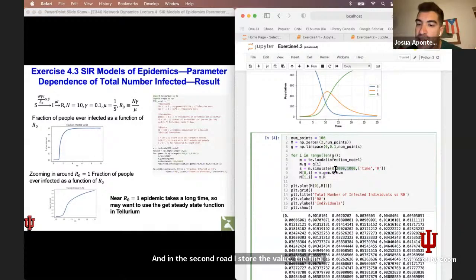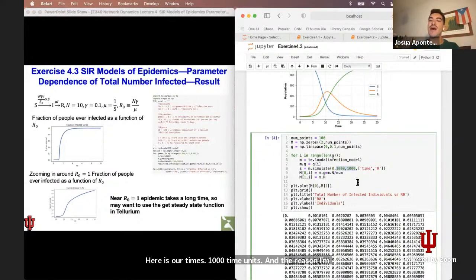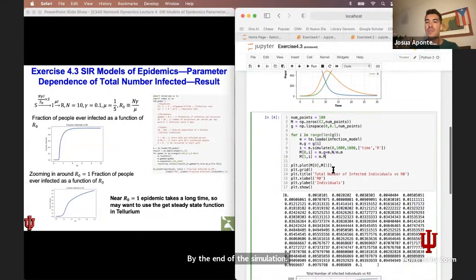You can see that I'm simulating the model for a very, very long time. Here it's 1,000 time units. The reason I'm doing that is because I want to ensure that for each of the simulations I'm running, the epidemic has ended by the end of the simulation. And we'll see what happens if we don't do it that way.